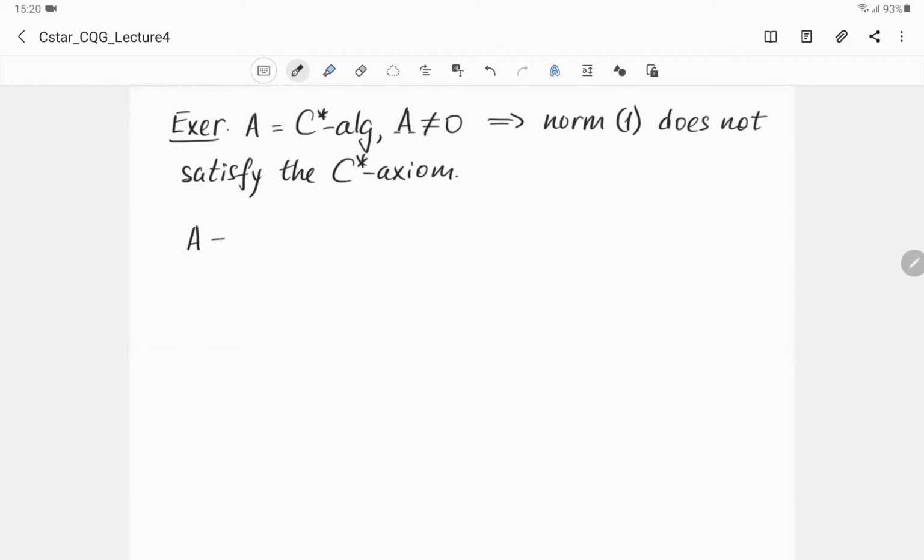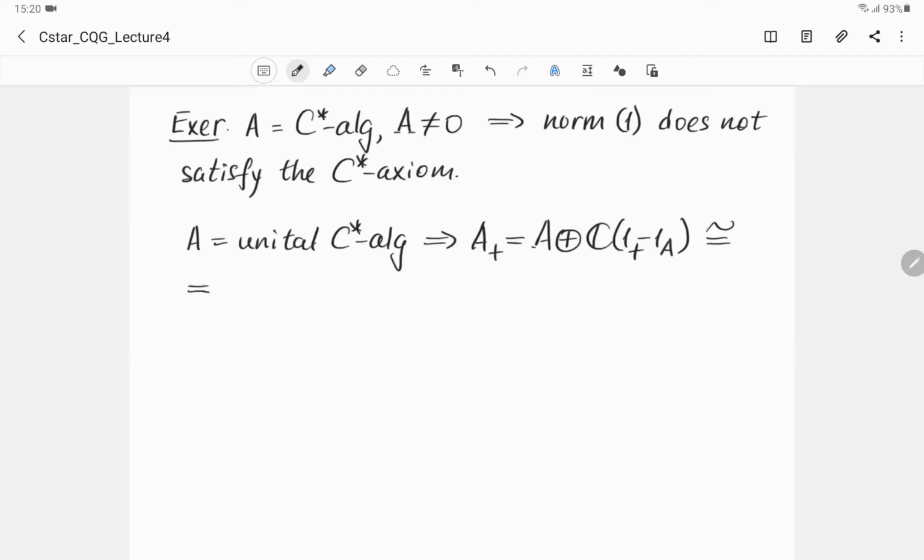If A is a unital C-star algebra, then we know that in this case we have the following direct sum decomposition: A plus the one-dimensional ideal spanned by the difference of two identities, the new identity and the old one. And this is isomorphic to A plus C, and moreover, this is a star algebra isomorphism. So they are isomorphic as star algebras.